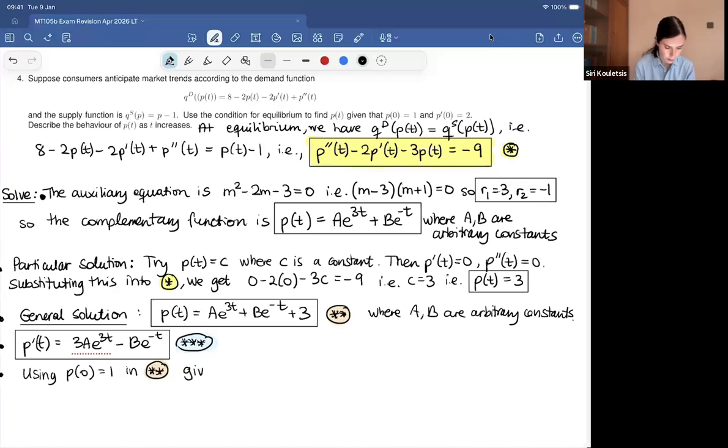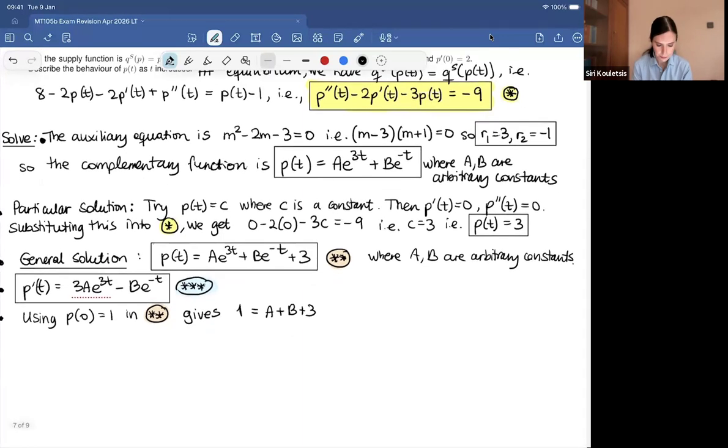Let's see what we get. 1 equals A plus B plus 3. In other words, A plus B equals minus 2.